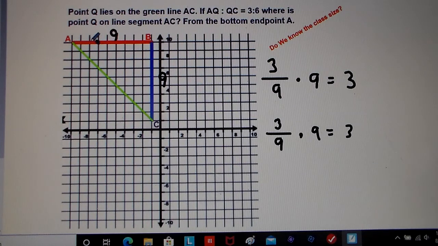So in addition to going to the right 3, we also have to go down 3. Let me find that position. And the coordinate is -7, 7. So the Q coordinate's at -7, 7. It's the location of Q.